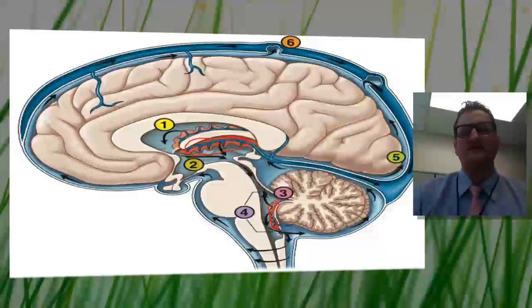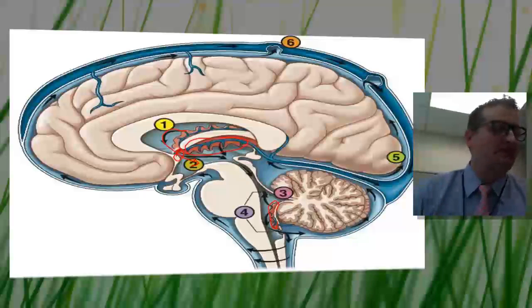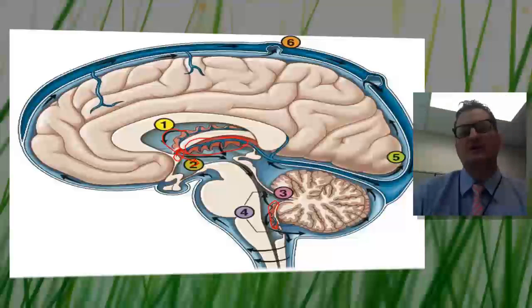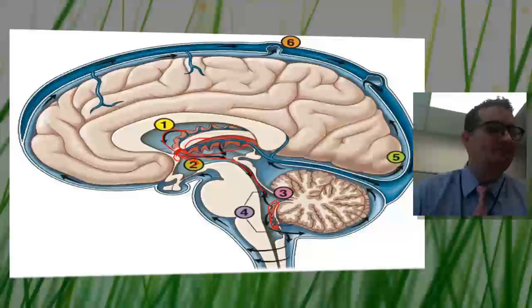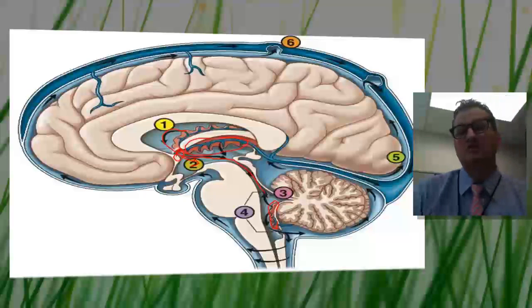The CSF then flows. So if we begin in the lateral ventricles, it's formed here, and then it flows down into the third ventricle through this foramen called the foramen of Monro. The choroid plexus in the third ventricle adds more fluid, and then it flows down through the aqueduct of Sylvius into the fourth ventricle, where still more CSF is added from the choroid plexus there.